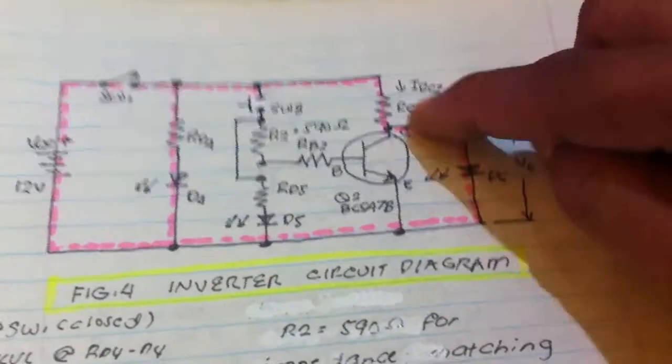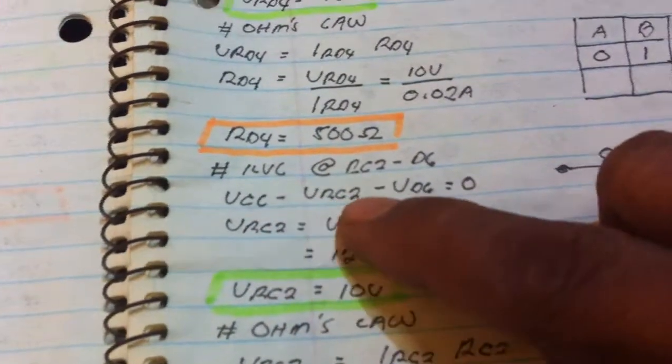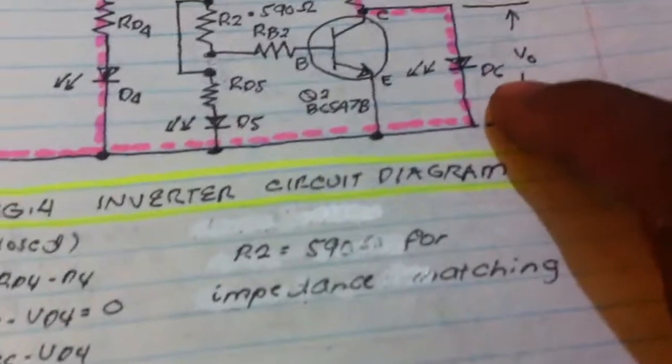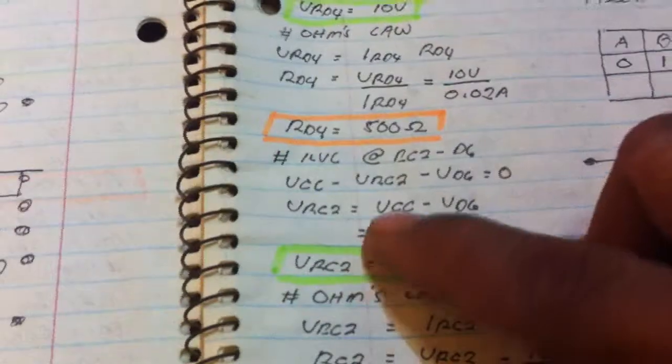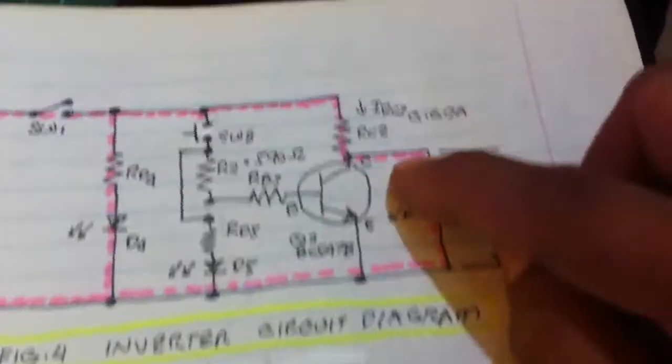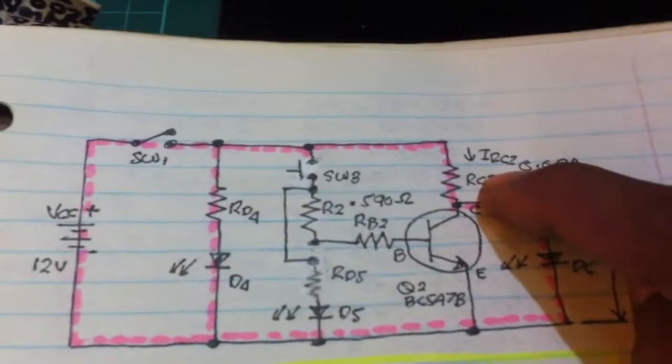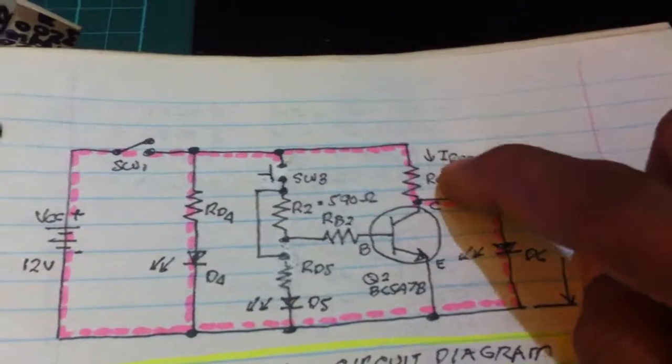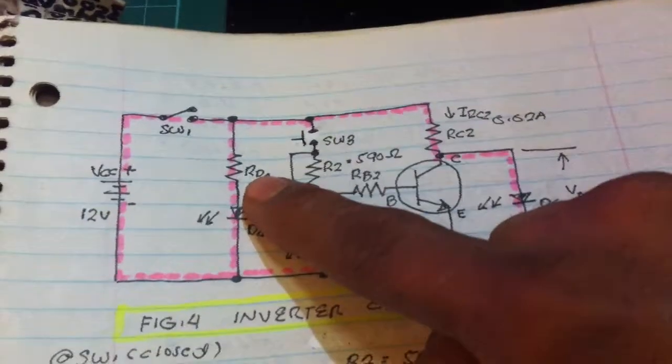Using KVL, we know now the voltage drop at RC2, from VCC through RC2 to the ground. The voltage drop at RC2 now is 10 volts. And using Ohm's law, since we know the required current 0.02, we got 500 ohms, the value of RC2. So we computed the value of RC2 here, and RB1 here.